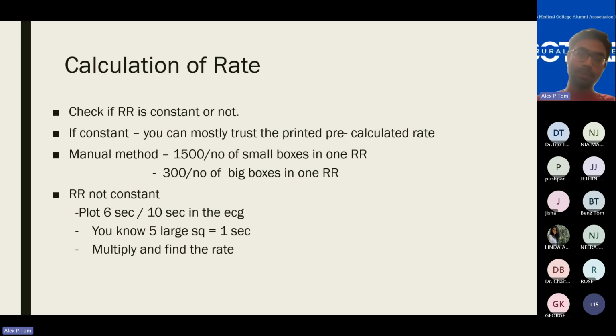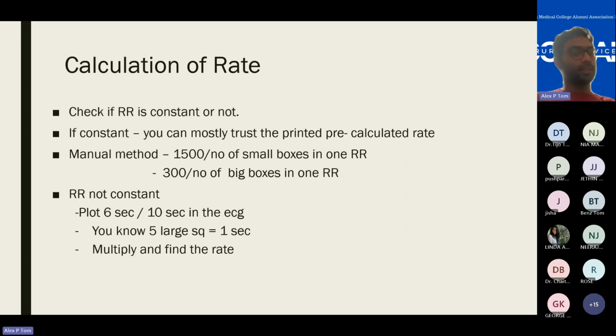So count out, plot 6 seconds or 10 seconds just for easy convenience and calculation. Plot it out and then multiply to make 60 seconds, and then you will basically get the rate. So you plot out 10 seconds and then count how many QRS complexes there are.